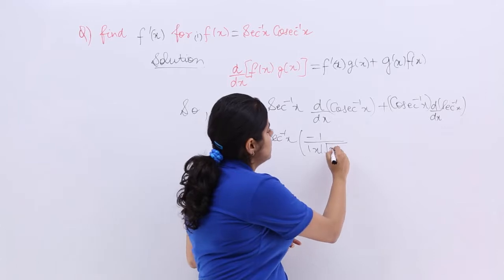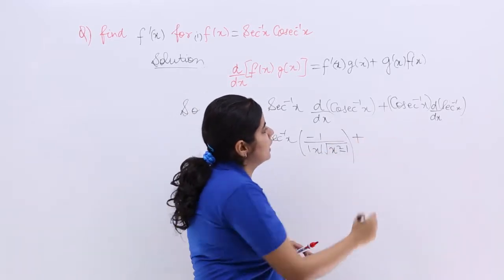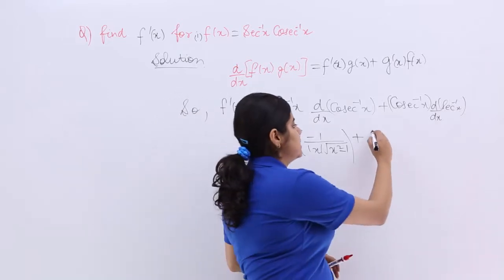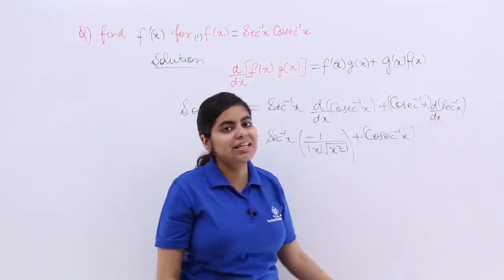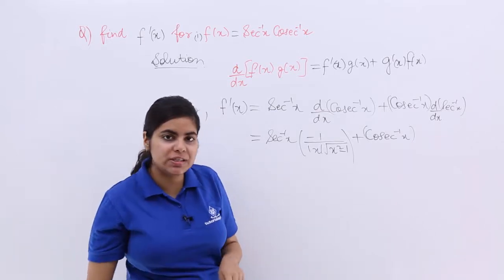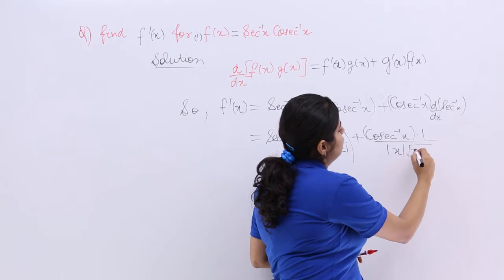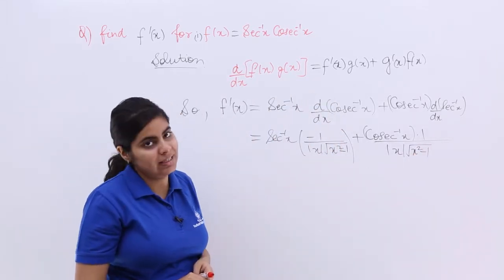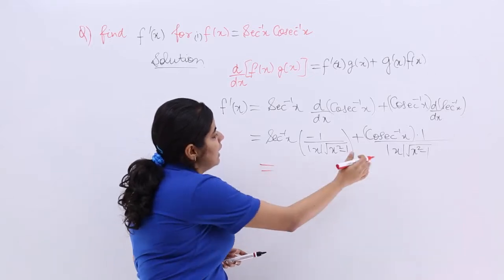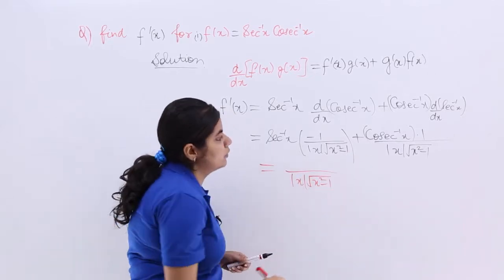Next is the inclusion of this plus sign. Cosecant inverse x as it is, times the differentiation of secant inverse x. What is the differentiation of secant inverse x? 1 upon mod x under root x square minus 1. You find anything common coming out? Yes, the denominator is common, so you take it as common.